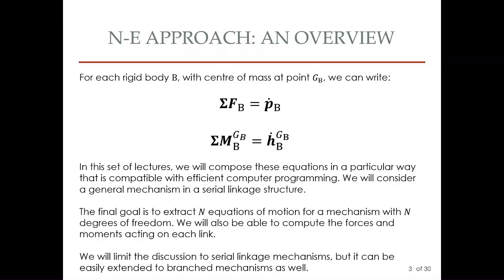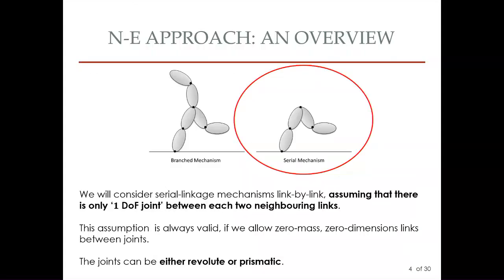And I promise to explain how to do it in a systematic manner. So what we will discuss is how to write these equations a bit more specifically for systems that look like this, that are essentially serial systems. And the black joints here represent joints that are not necessarily revolute, like in the picture.